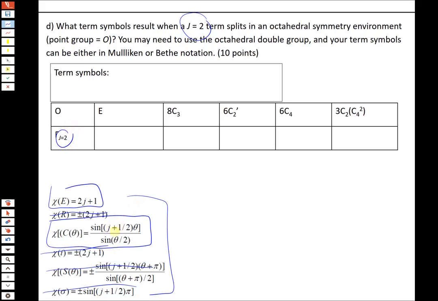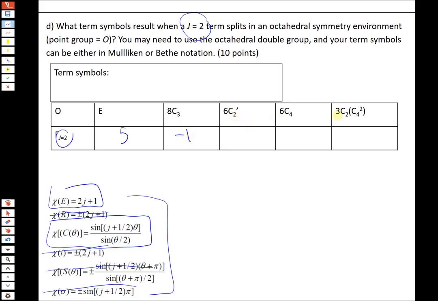So the J value is going to be 2, and then we get the characters and reduce it. When we do that, for identity, 2J plus 1 is 5. For C3, theta is going to be 120 degrees, or 2 pi over 3, and J equals 2 plugged into this equation along with that should give a character of minus 1 for C3.